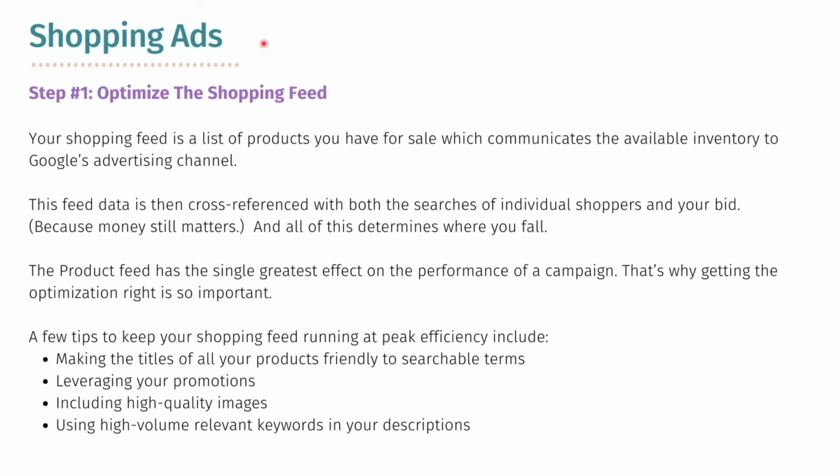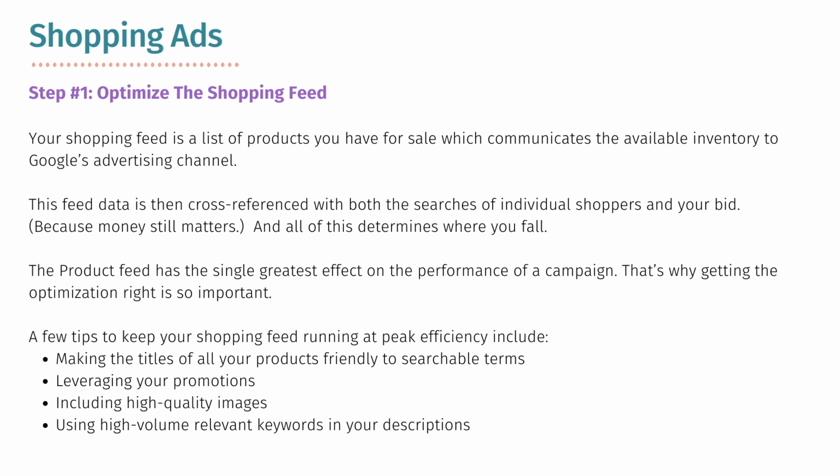Some of the best ways that we can optimize for the shopping feed, really want to make sure that the titles of all your products are friendly and to searchable terms. Leveraging your promotions for sure. We want to include high quality images, and we want to use high volume relevant keywords in your descriptions. So your shopping feed is pretty much your way of communicating your available inventory to Google's advertising channel.